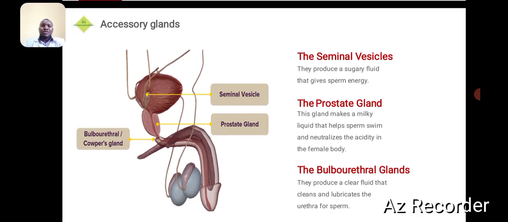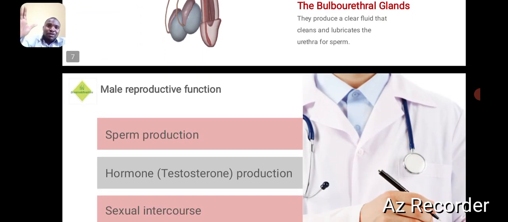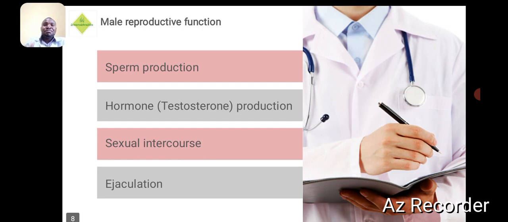There's this slippery fluid you're seeing coming out. So that's the Cowper's gland or the bulbourethral gland making its secretion, preparing the way before the major ejaculation would occur, before the semen comes out.